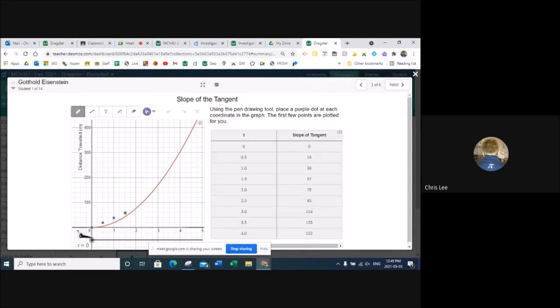So you're just going to estimate about where it is, and you're going to move your cursor and push once, and you'll get a nice dot. And then 2 and 76, which is probably really close to there, right about there. Okay, so I want you to go off and do that.